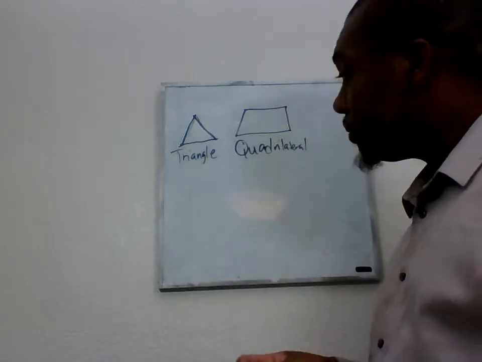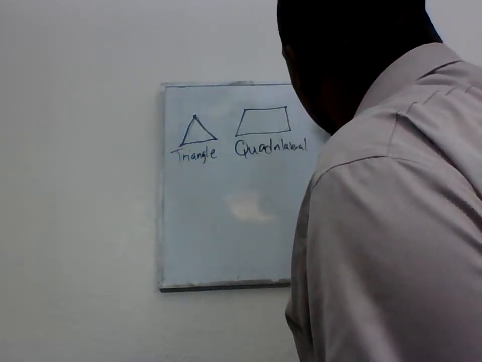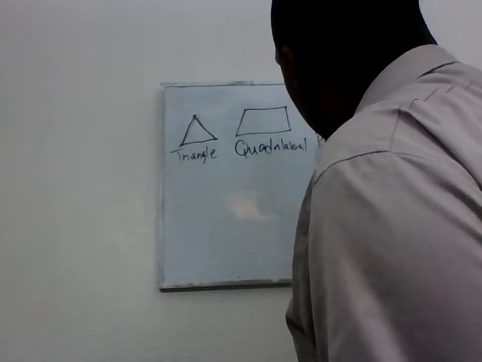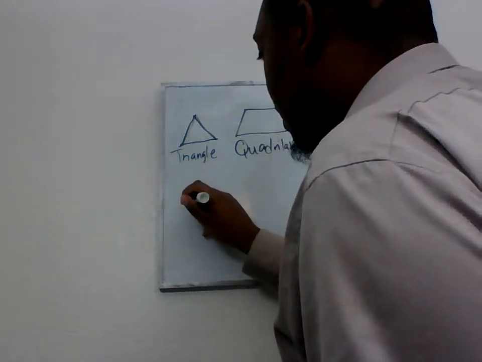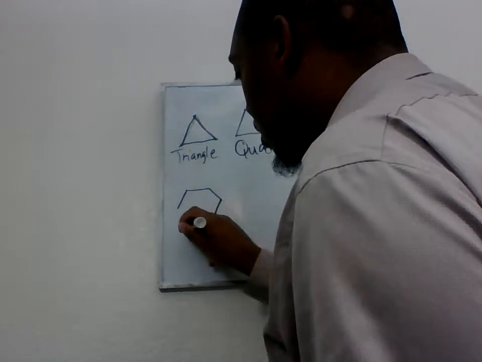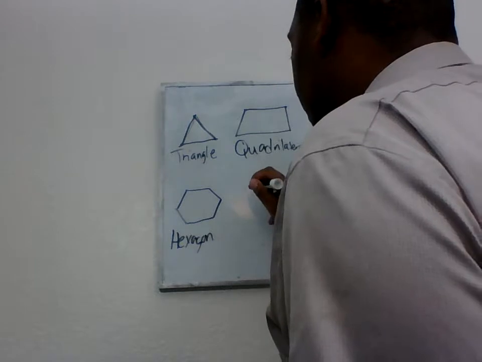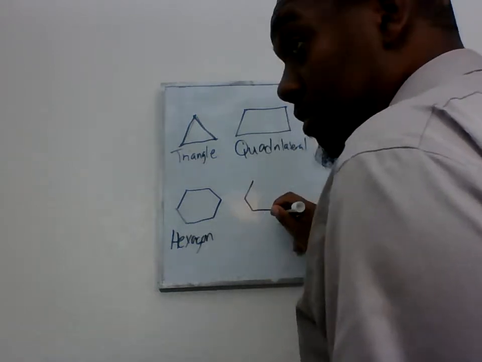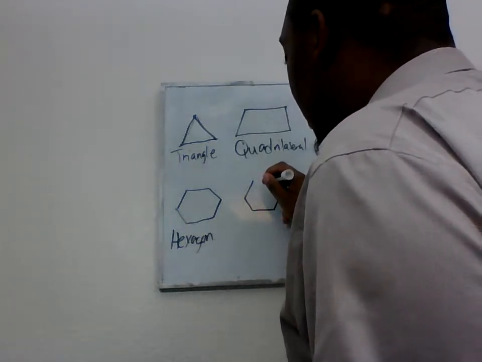But we are going to talk about the others. A pentagon will be next because it has 5 sides. So I'll draw a pentagon. Then hexagon will be next here. Then we'll do a heptagon or septagon, meaning 7, whichever way you want to say that.